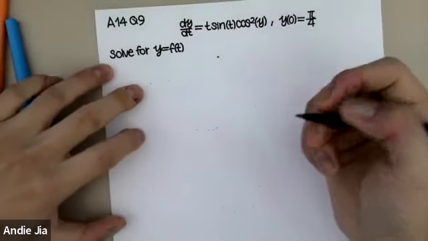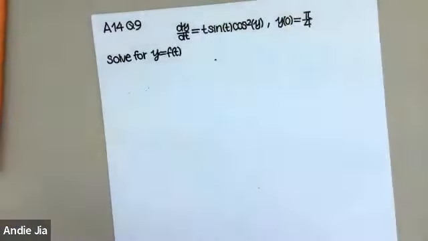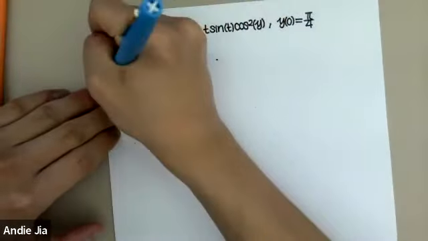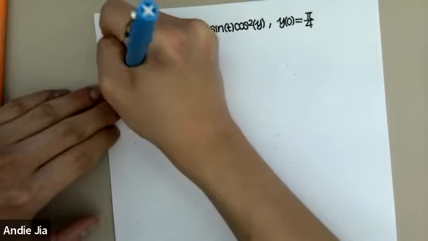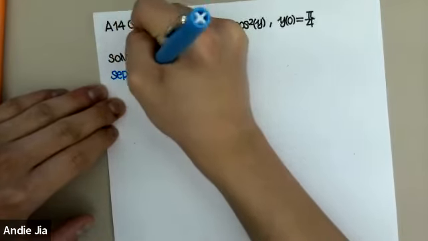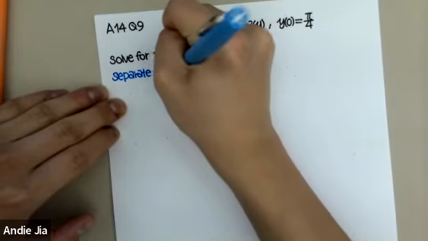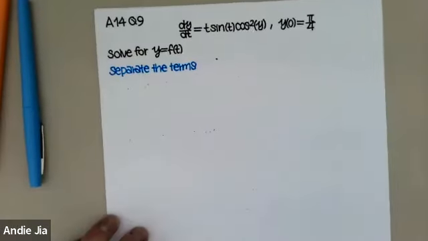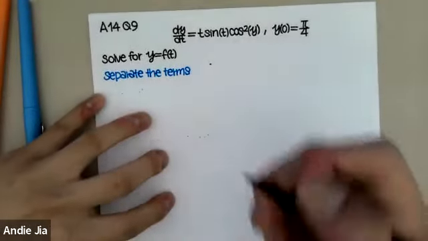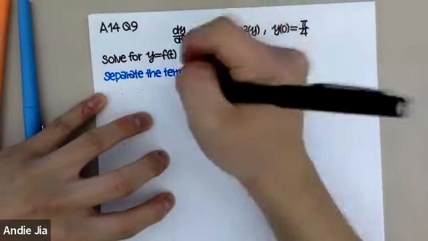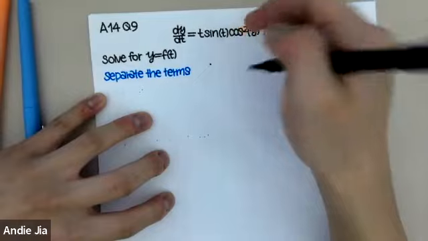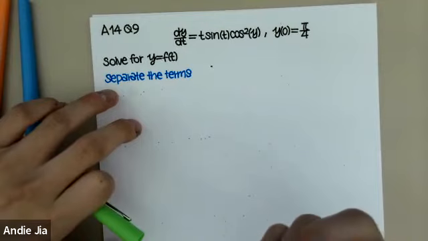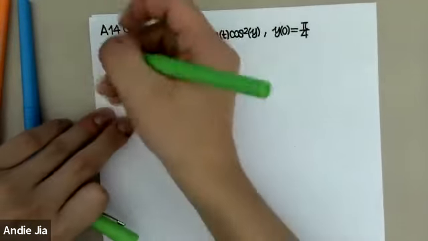Okay, we need to separate the variables first. Notice that 1 over cosine squared of y is secant squared of y.